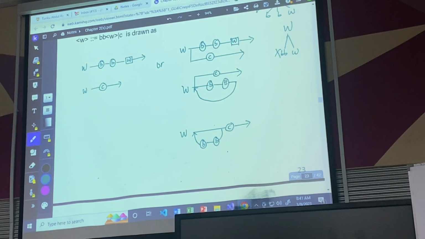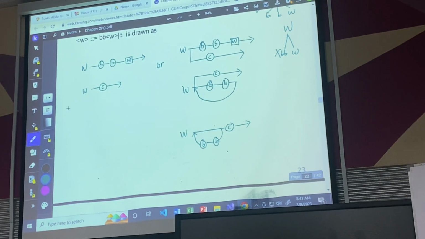Can, right? Because the BB also goes back to W, and the W here I can substitute with C. Okay? So these are all the possible ways to draw the syntax diagram for this.